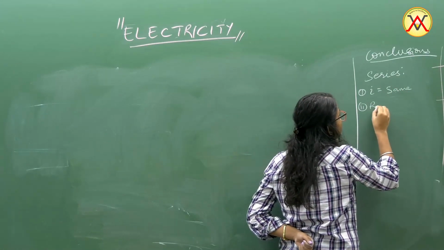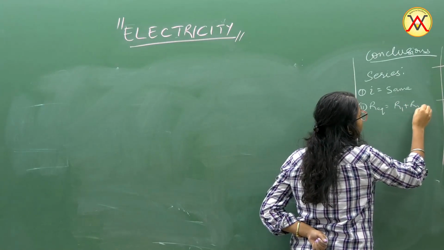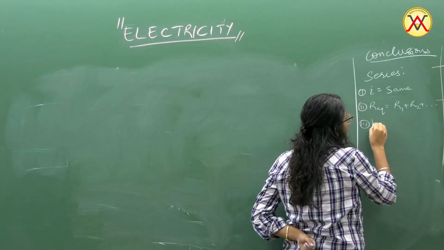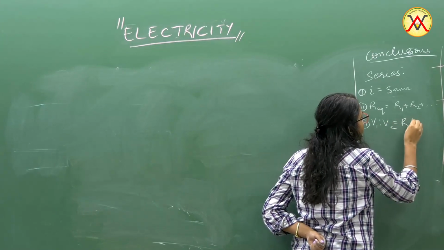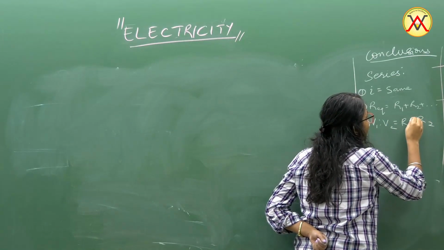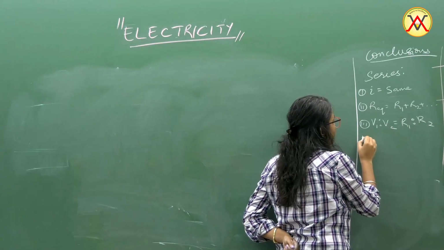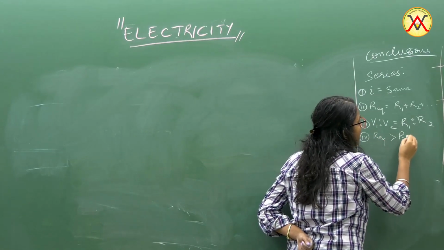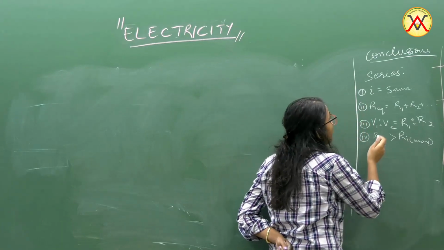Second, R equivalent equals R1 plus R2 and so on. Third, V1 ratio V2 is the direct ratio of resistances. Fourth, R equivalent is greater than the maximum individual resistor.